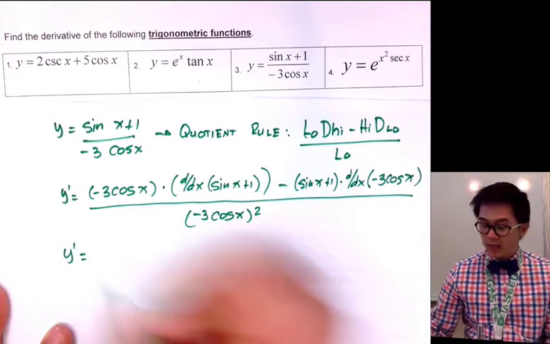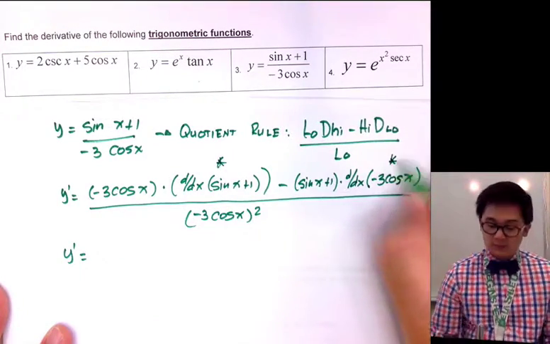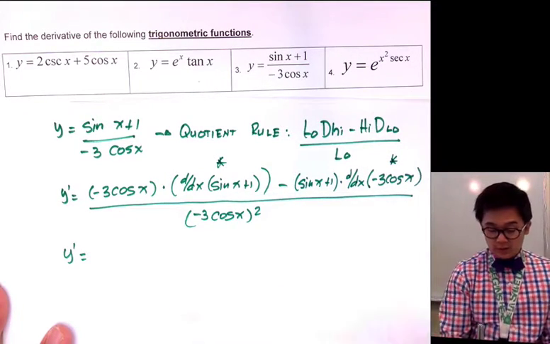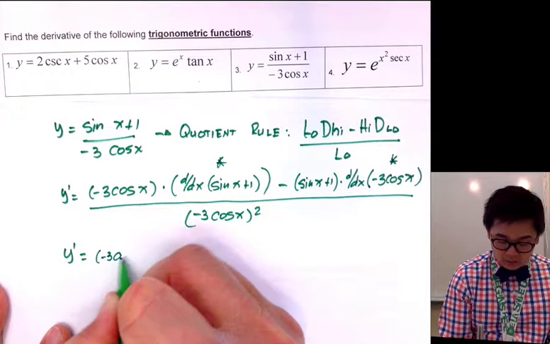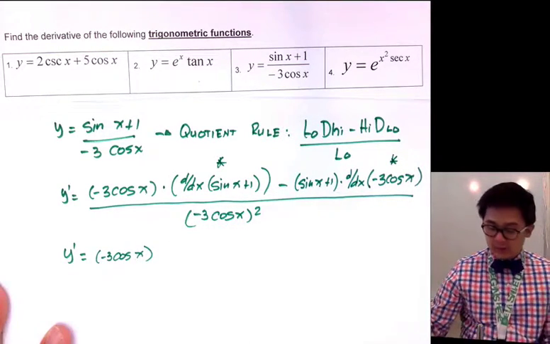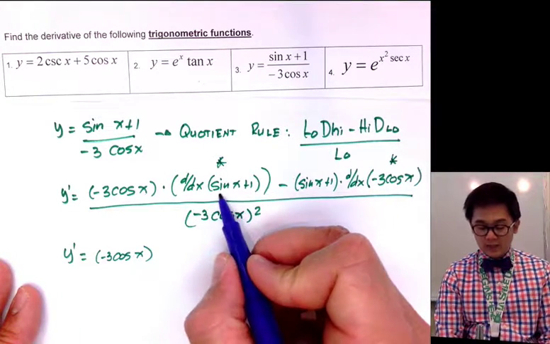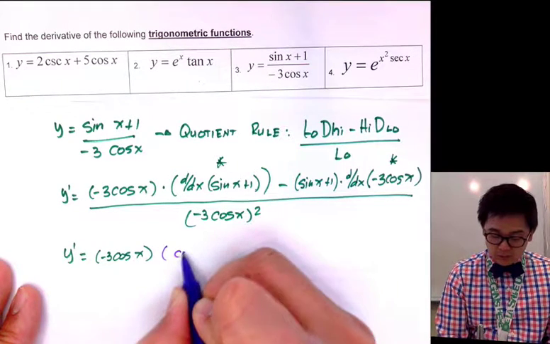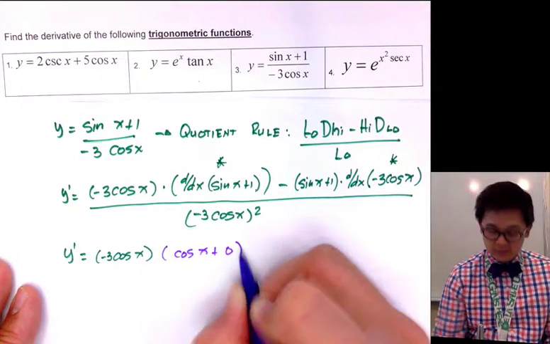Now that we have applied our derivative rule, we're just going to be differentiating these two terms right here. So let's copy negative 3 cosine x and take the derivative of sine x plus 1. The derivative of sine x and the derivative of 1 is going to be cosine x plus 0.